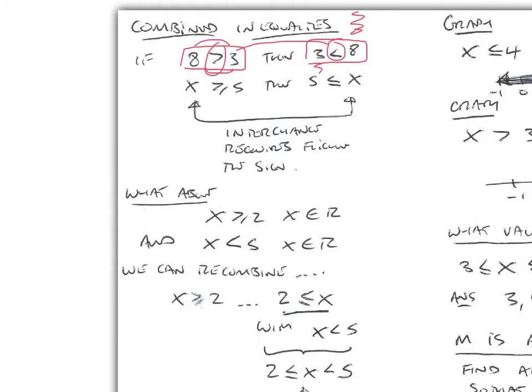If x is greater than or equal to 5, then 5 is less than or equal to x. Okay, so we've switched our position of x in terms of being here or here, but we've also flicked the sign, and it's the same thing. So we can interchange the position either side of an inequality, but we must be careful to flick the sign.